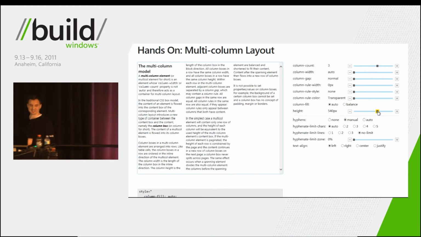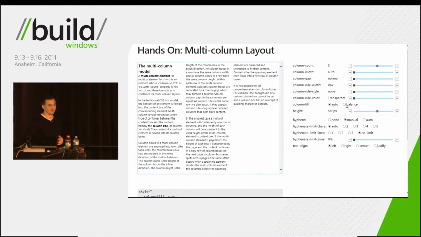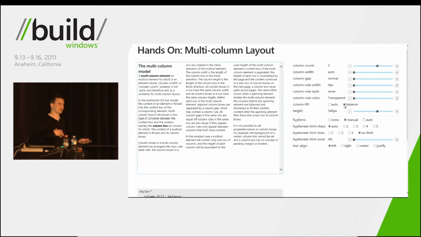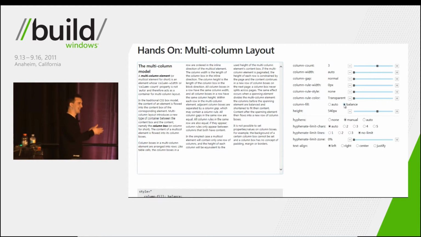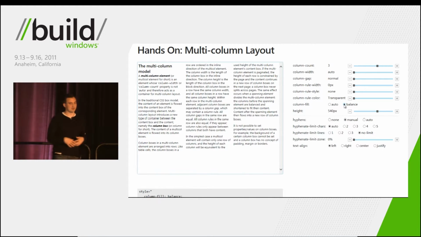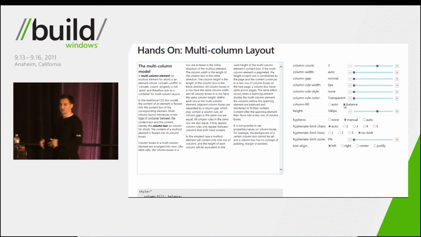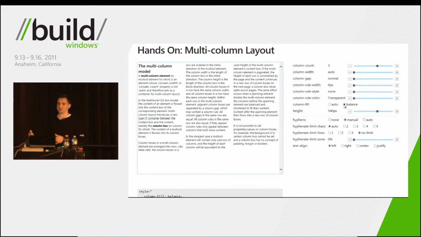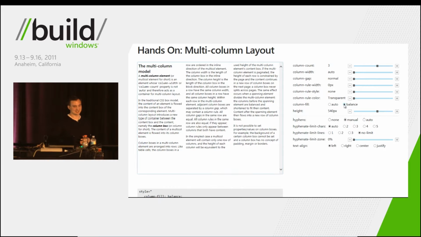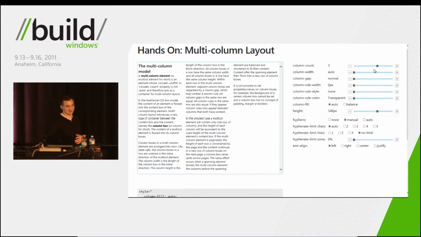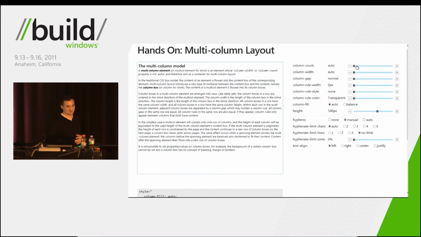What's really cool about CSS3 is you can add the column fill property to balance out those lines. So you've gone from a very asymmetric, uneven design to something that looks much more legible and has a much more even distribution of text within that space. Let's go back to auto, and we'll resize again back to, let's do this.